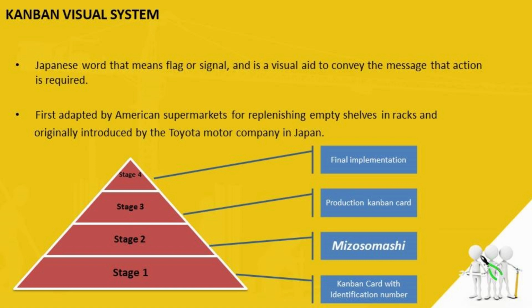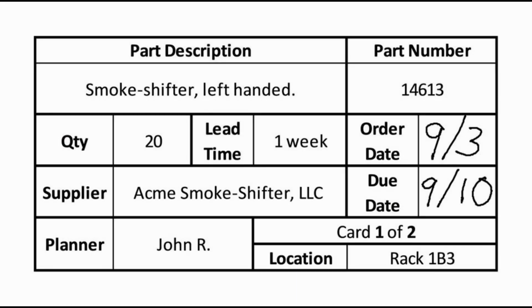Every bin has the requisition Kanban card affixed on it, which is removable, and this card contains the component name, its identification number, and the rack number and shelf on the rack in the store where more bins of the components are stored.